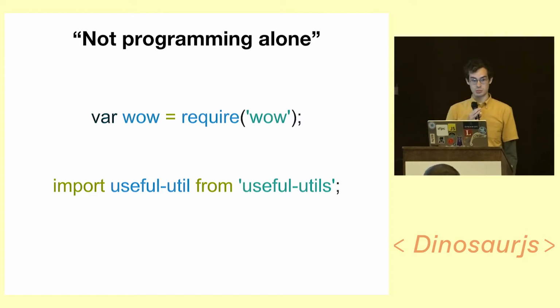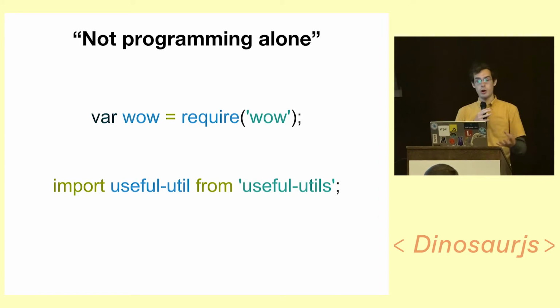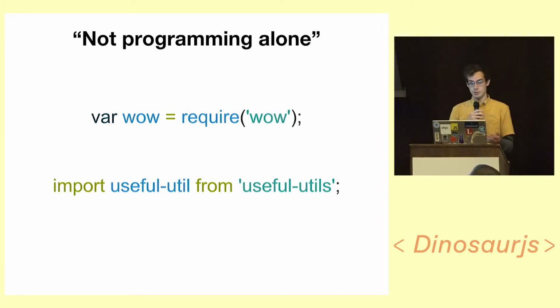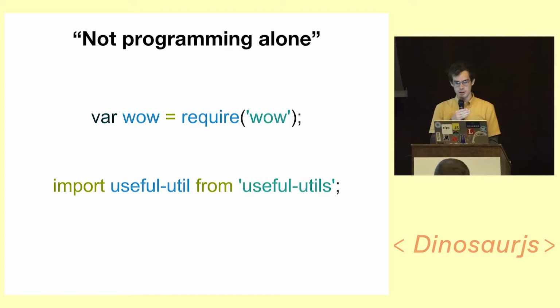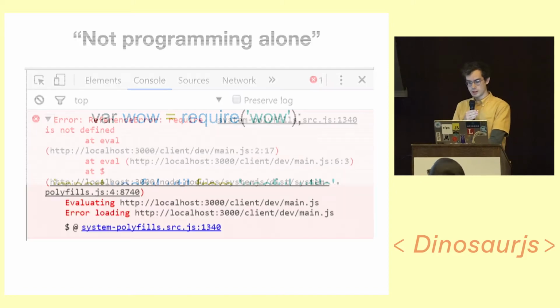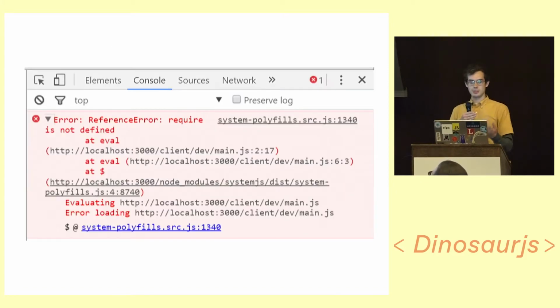It's a core part of what it means to write code in 2018, to write JavaScript. And it's maybe so mundane that you might not think about the fact that if you run this code here in your browser, it doesn't work. Like, require is not defined. This is not a thing you can actually do in JavaScript necessarily natively.